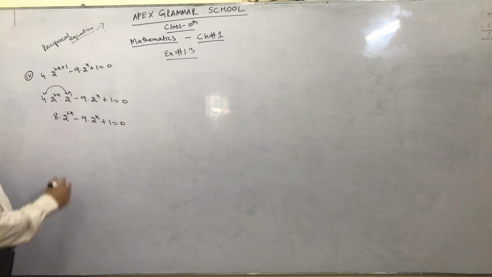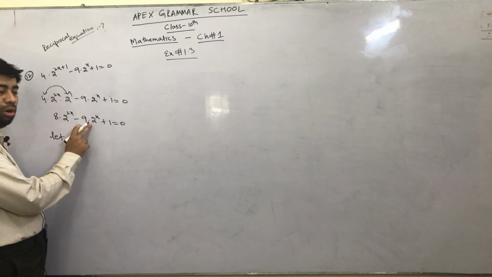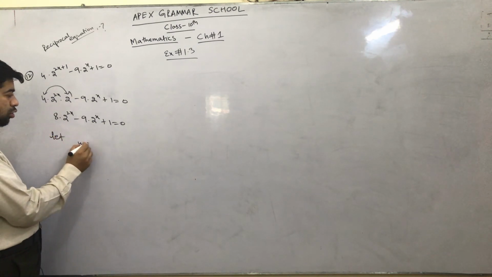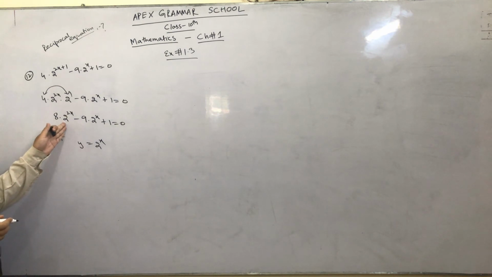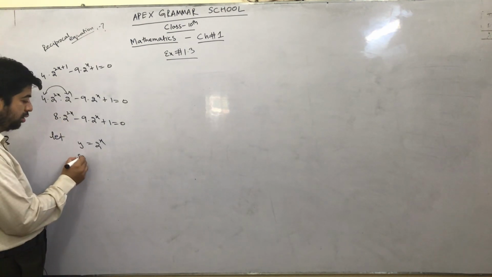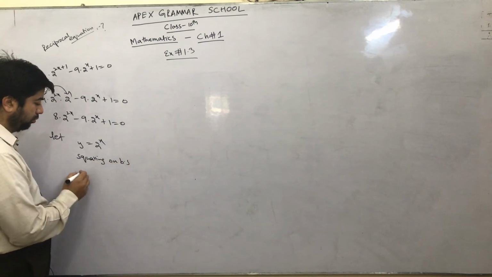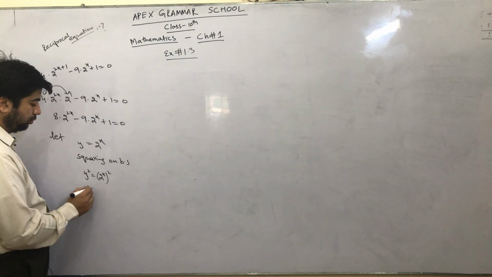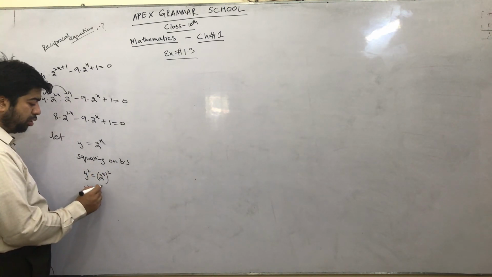So let y be the small value. The small power is 2 raised power x, and this is 2 raised power 2x, so y is equal to 2 raised power x. Squaring on both sides, power is going to multiply with this power, giving 2 raised power 2x.